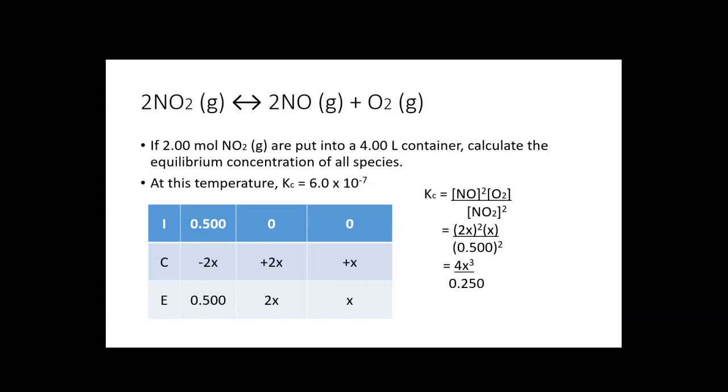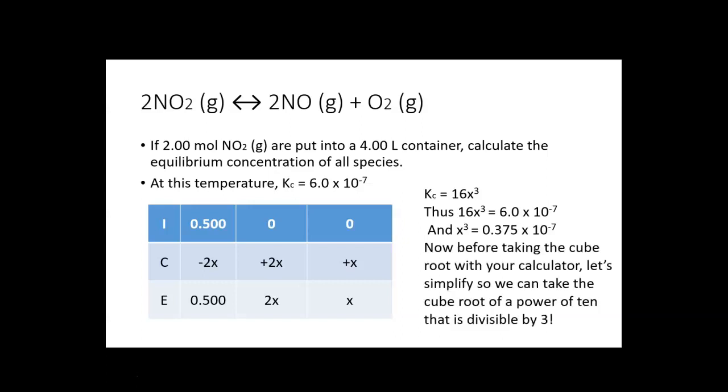Which means we've got 4X cubed in the numerator and 0.250, the square of 1/2, in the denominator. And when we put that together, we see that Kc is equal to 16X cubed. Now, that means that X cubed, if we divide both sides by 16, is equal to 0.375 times 10 to the negative 7th.